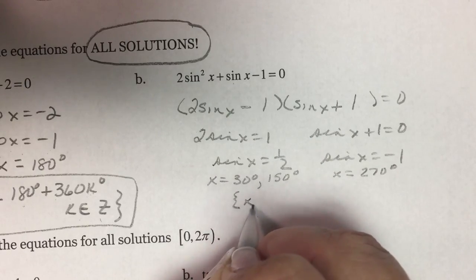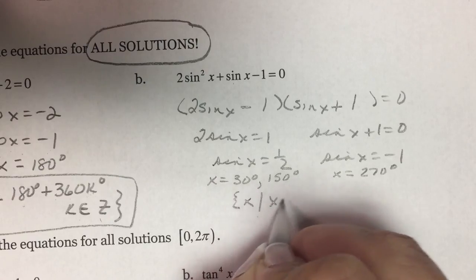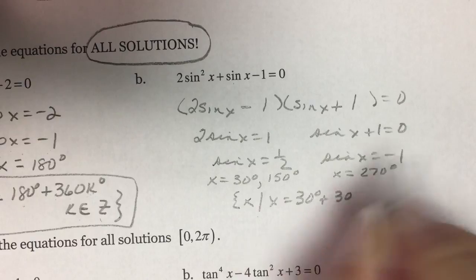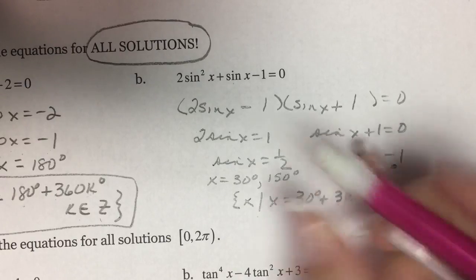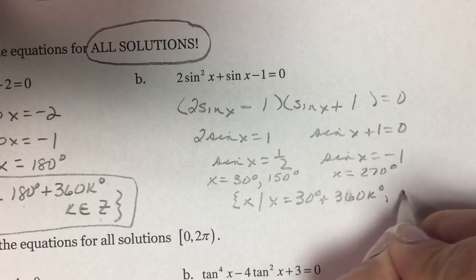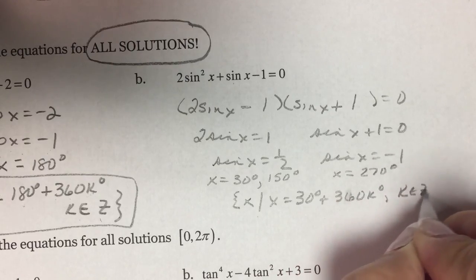So it would be all x such that x is equal to 30 degrees plus 360 k degrees, where k is an element of the integers.